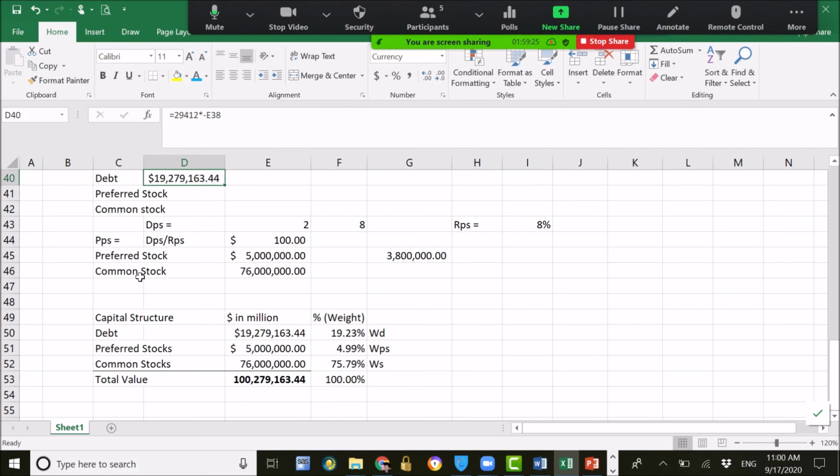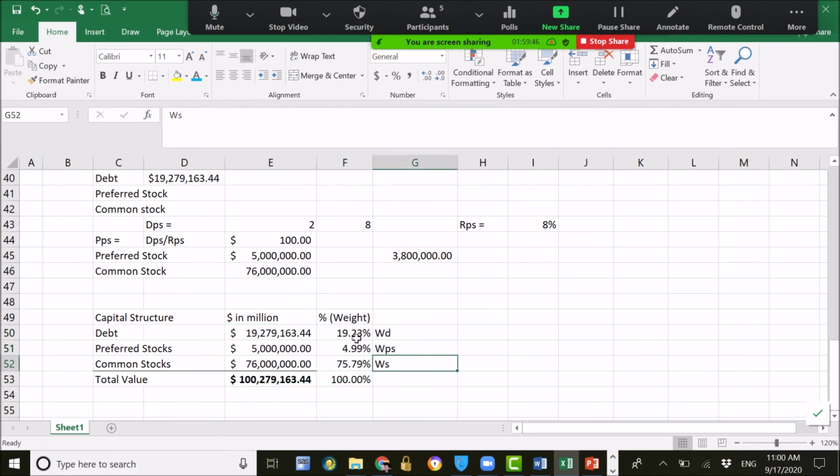I found the price of the preferred stock and multiplied by the number of shares, so I got the preferred stock's value. For common stock, I have 3.8 million shares at $20 each, so I got the value of that. If you want to put a dollar sign, this is now the total value of the company, and I just divide each of these components by this total value of the company. So let me put that information.